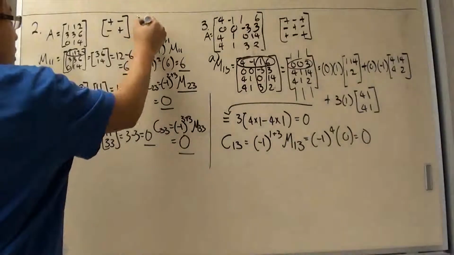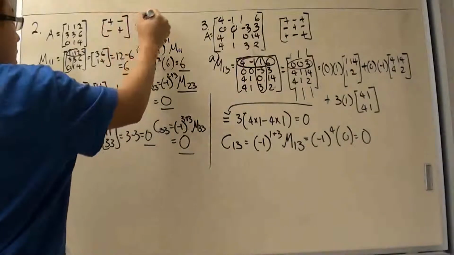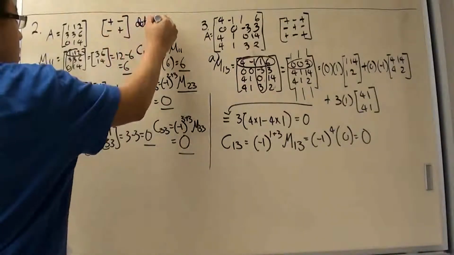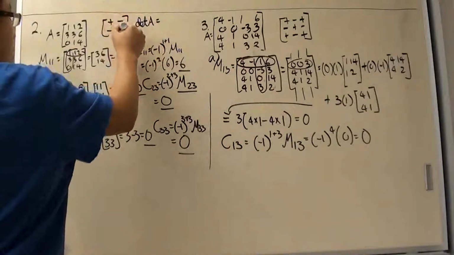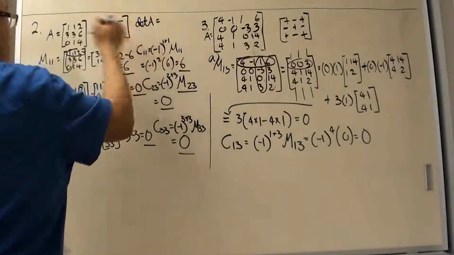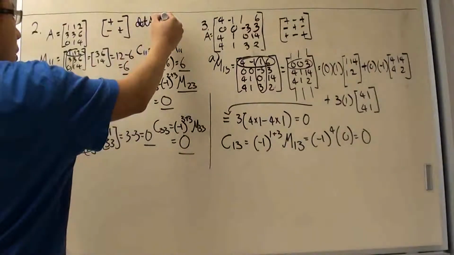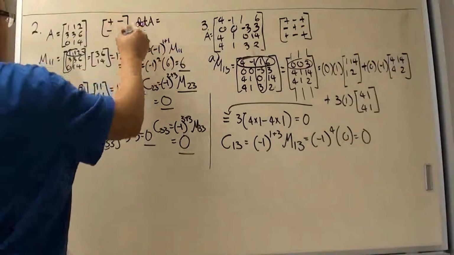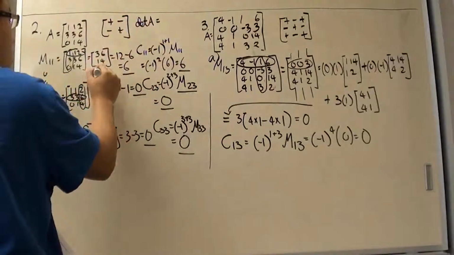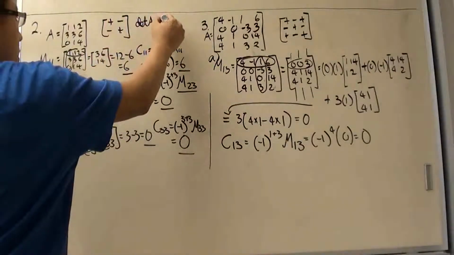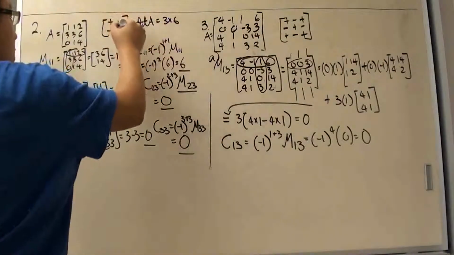So if it's a determinant, let's say this was A, then this is really going to be positive, positive, so it's going to be times, times. Let's say we're using this one, and it's going to be 3 times 6, because they're both positive.